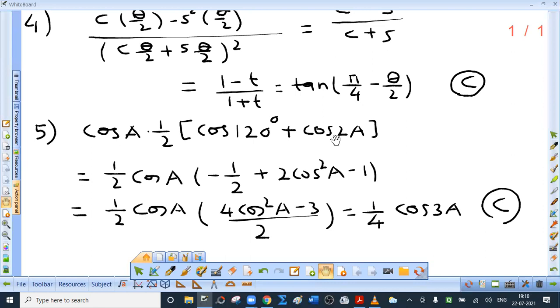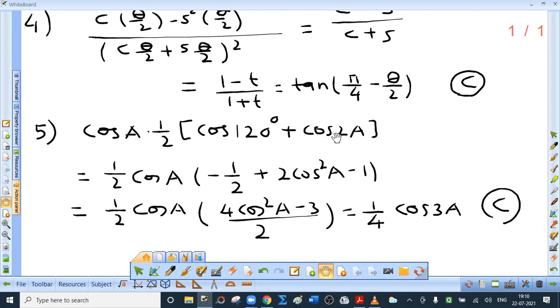Note that cos of minus 2A is cos 2A. You should be able to write this in just 1 or 2 seconds. Cos 120 degree is minus half.